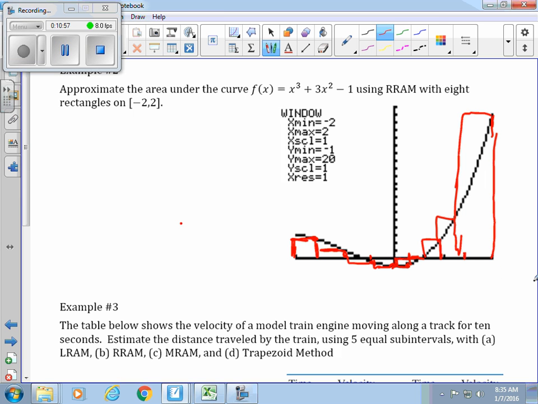Okay. Now, again, we have rectangles that are 1/2 in width. Does everyone agree?